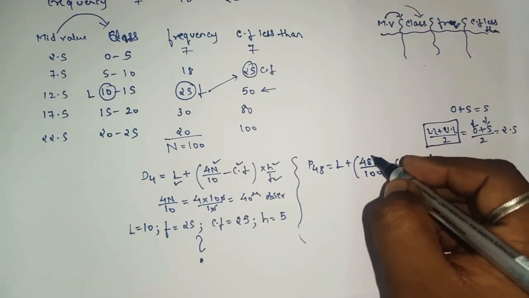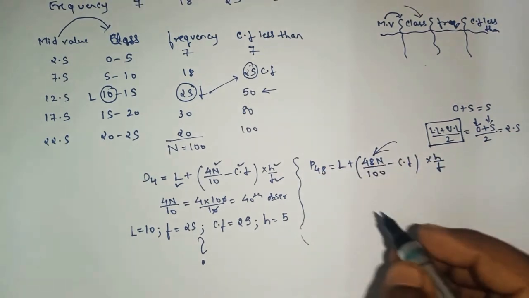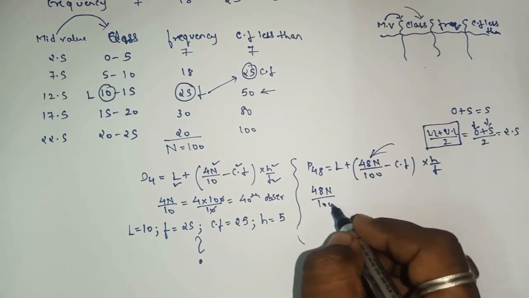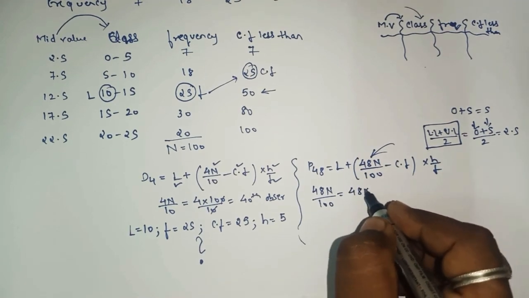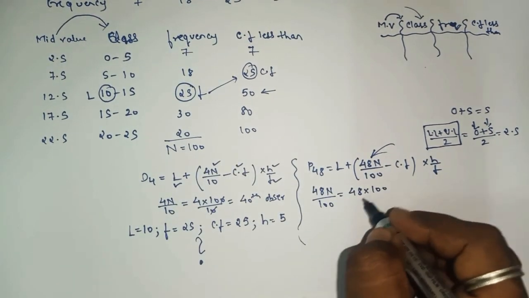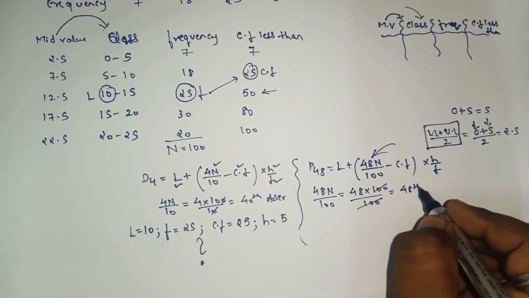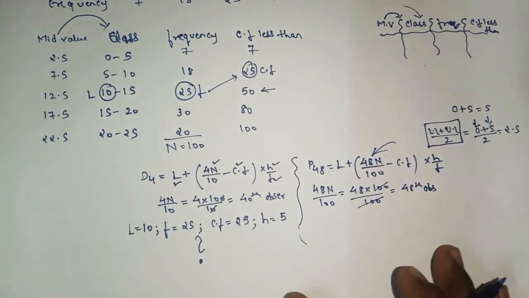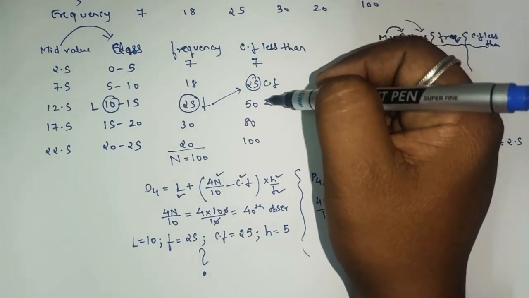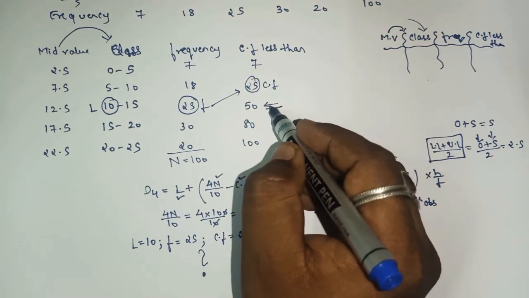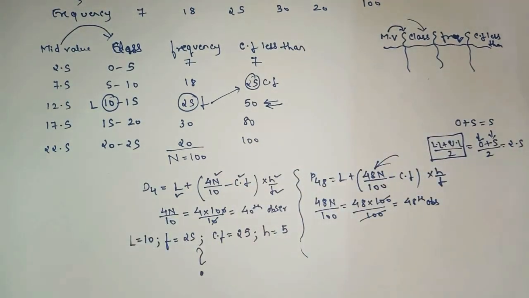Now here we'll find the value for P48. So we'll take 48n upon 100 separately. So 48 into 100 upon 100, yes or no? So this will get cancelled, so you will be left with the 48th observation. So 48 also lies in the third row only, yes or no?